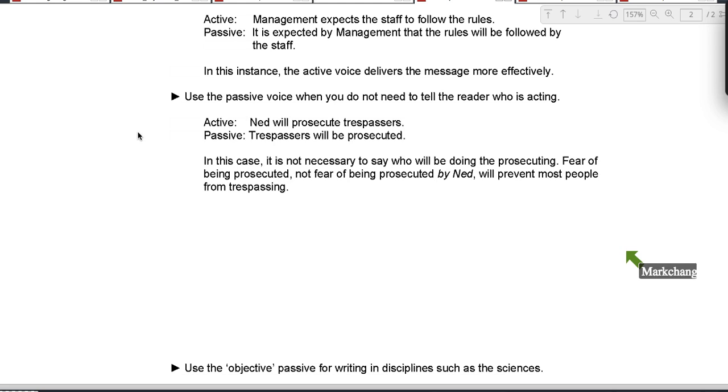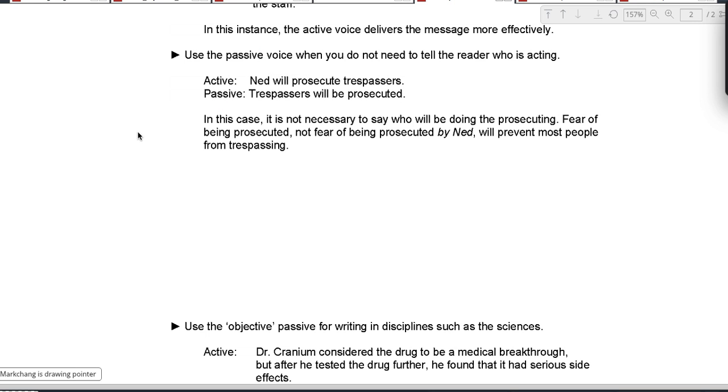You know the meaning of trespass, yes? Entering a property without permission. So trespass. So I will open it again.